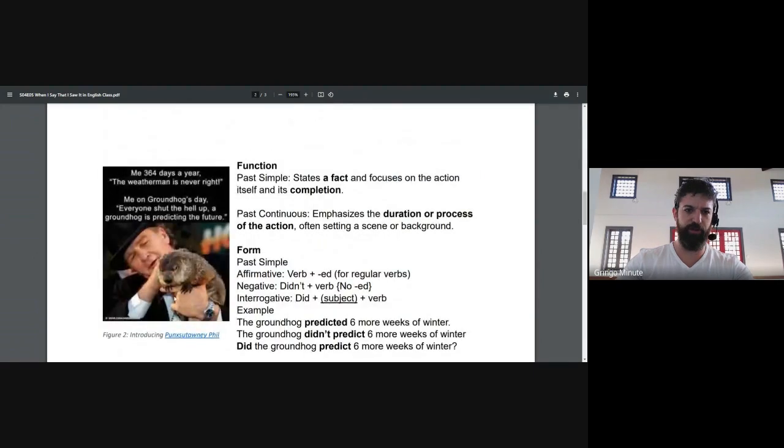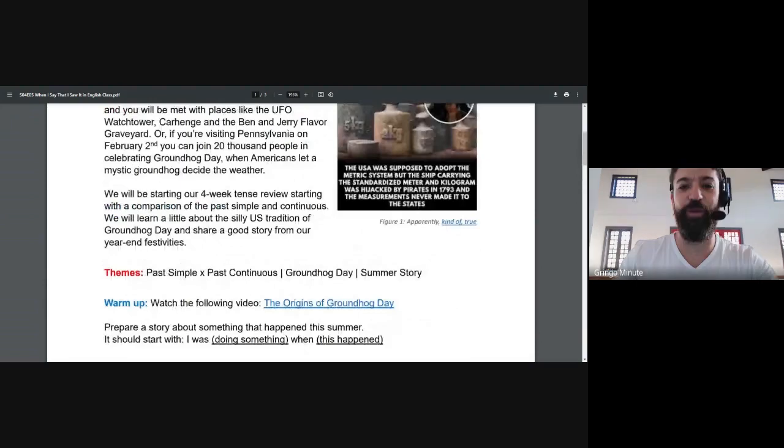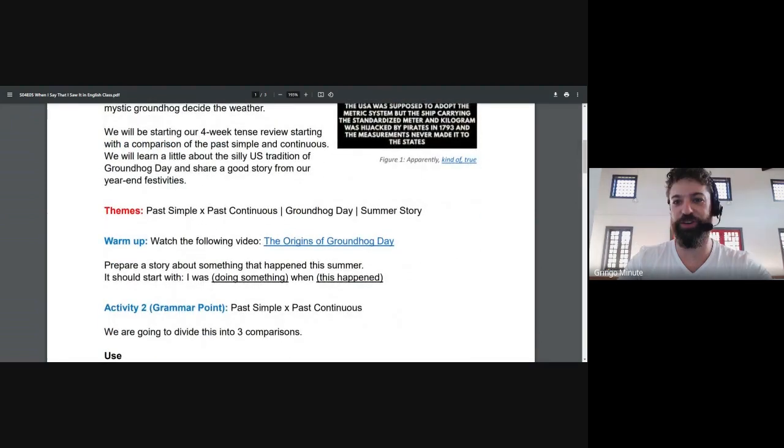This is Punxsutawney Phil, and he is a magical groundhog. The story is that if he sees his shadow and runs back inside his hole, you're going to get more winter. I think it's 40 more days of winter. But if he doesn't see his shadow and stays outside, that means spring has arrived, no more winter.